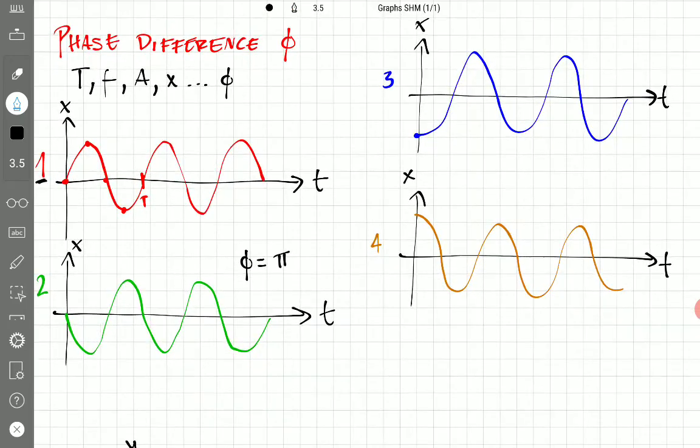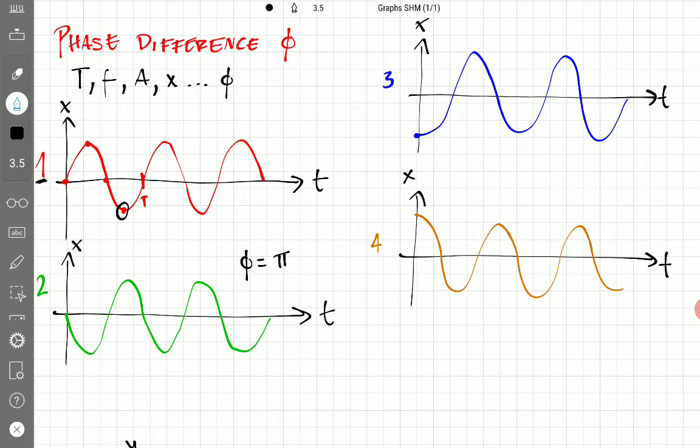Now let's start fresh with number 3. If you look at number 1 and number 3, what is the phase difference between them? Number 3 is like number 1, but starting down here, right? And if you start down here, how much have you shifted?